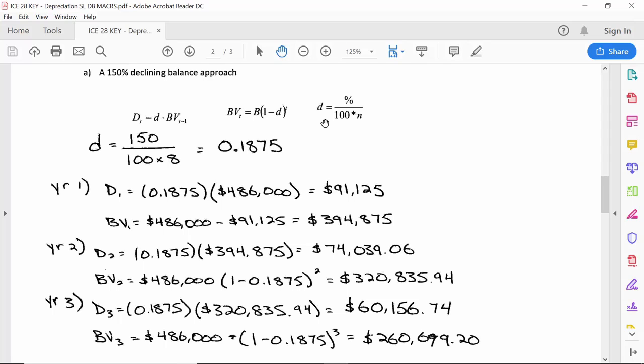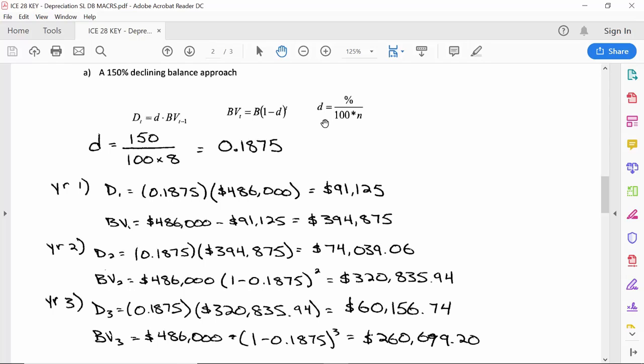Or the other way is to use this formula that's shown, where you start with the initial book value and multiply by 1 minus lowercase d to the power of however many years you've had. In the case of 2 years of depreciation, that's 1 minus lowercase d to the 2 power, which captures the cumulative effect of those 2 years. Either way, you'll get the same answer. It's going to be about 320,000 whether you do the 394 minus 74, or the starting value minus 2 cumulative years of depreciation.